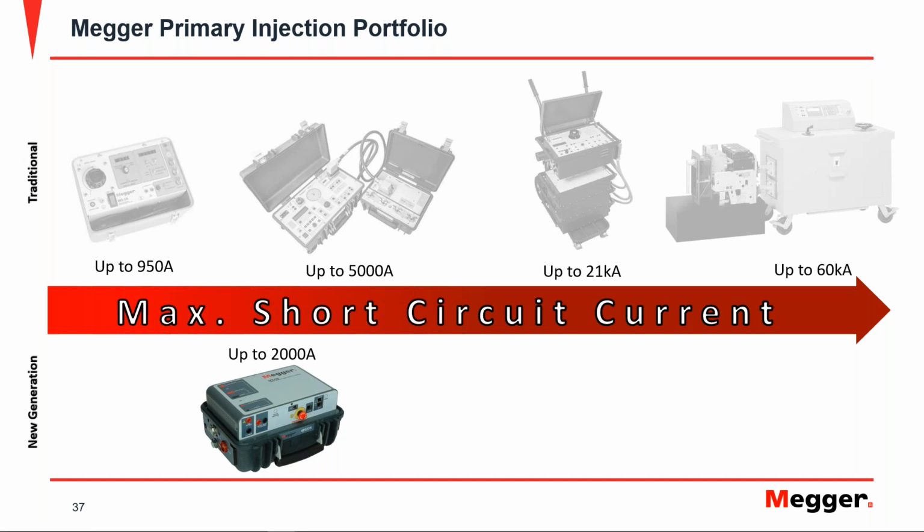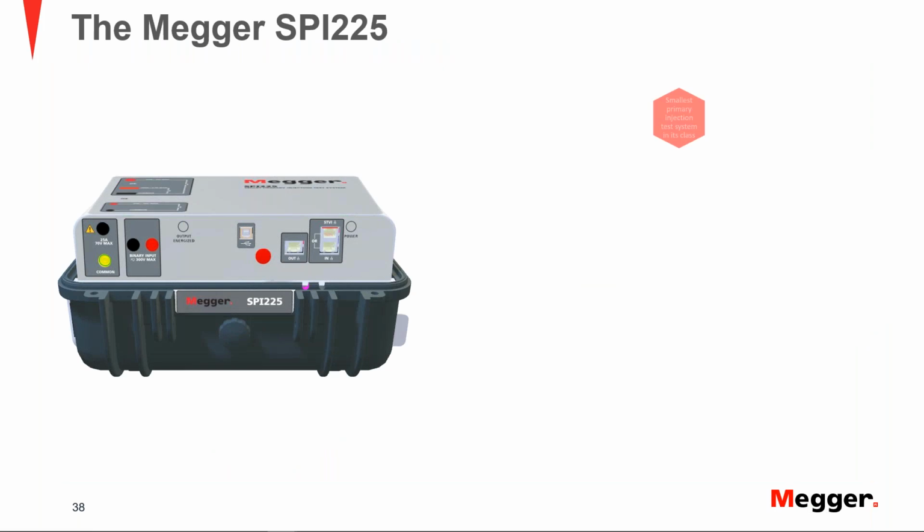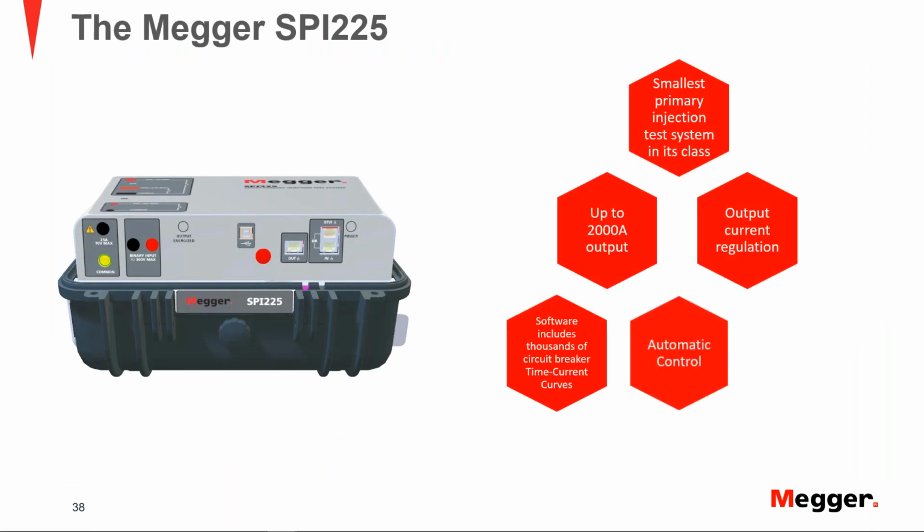But again, we saw that the maximum current needed for ground fault protection testing is 1200 amps. So that makes the SPY ideal to have if I'm running this type of test.